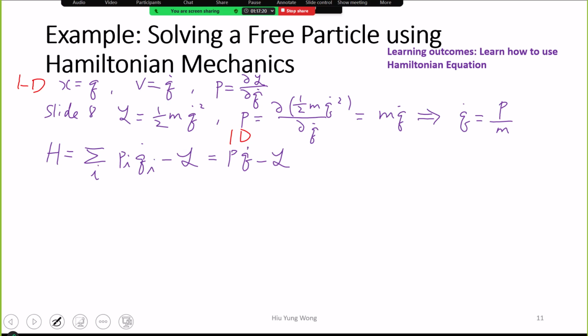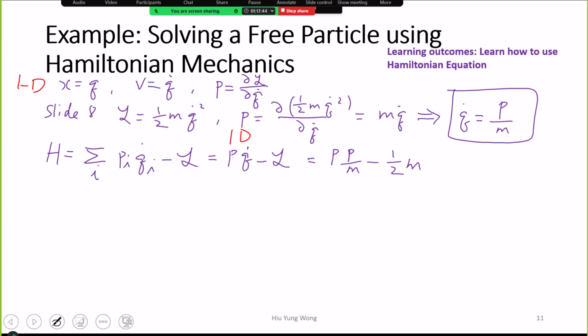But I already found what q dot is earlier. It's p over m, right? So this is just p times p over m minus the Lagrangian, which is 1 over 2 m q dot squared. But again, I do not want q dot. I want p over m squared.